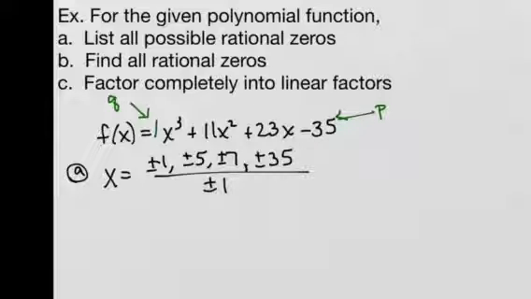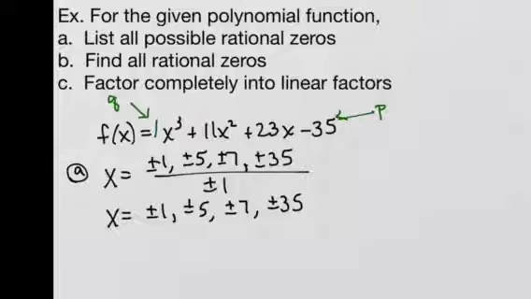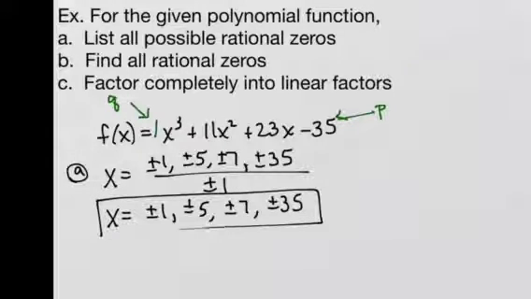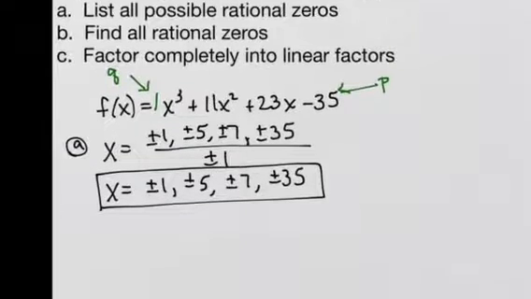Now we want to separate these out as plus or minus 1 over 1, 5 over 1, 7 over 1, and 35 over 1. So this is our list of possible rational zeros for this function that's given.